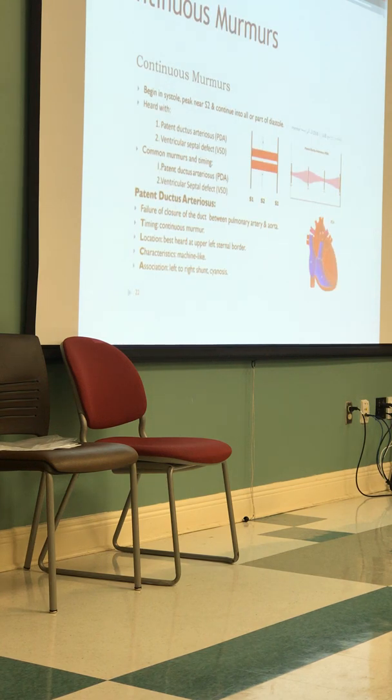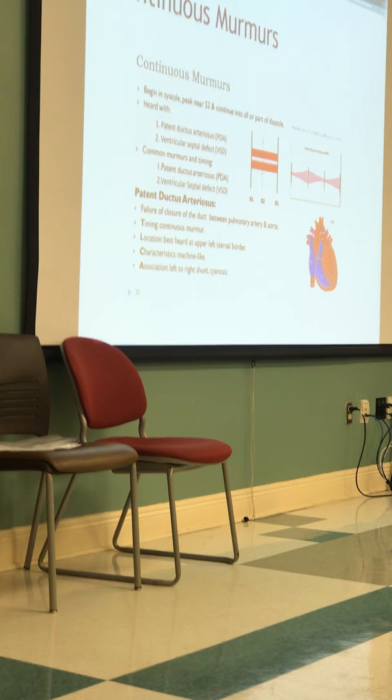Okay, so continuous murmurs. The continuous murmurs that you're going to hear that sound through systole and diastole are your patent ductus arteriosus and ventricular septal defect murmurs. These are holosystolic or pansystolic murmurs that you hear throughout systole and diastole.